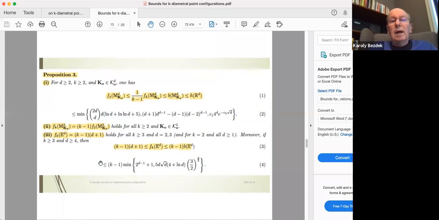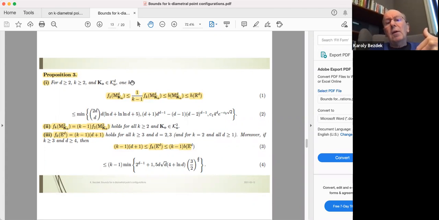After this, let's see what the connection is to my problem, on maximizing the cardinality of k-diametral point configurations in a given d-dimensional Minkowski space. So this maximum I label by f_k of M^d with unit ball K_0. So this is the maximum cardinality of a k-diametral point configuration in the d-dimensional Minkowski space.